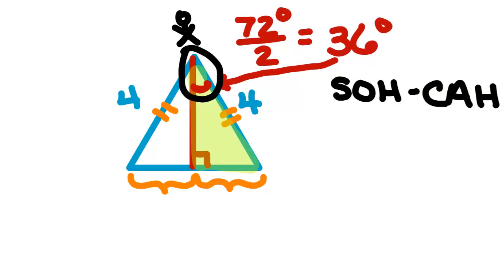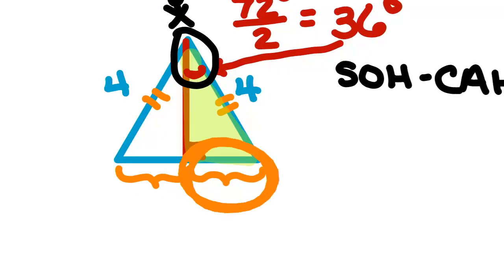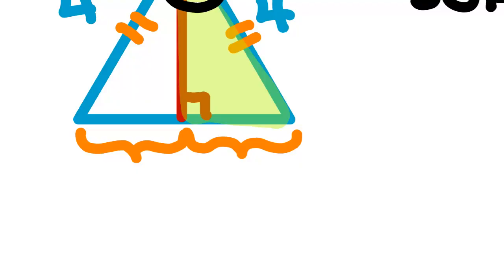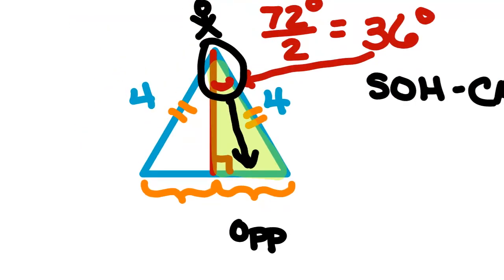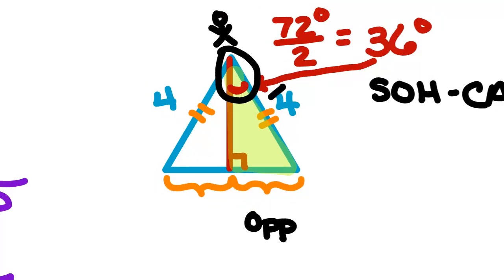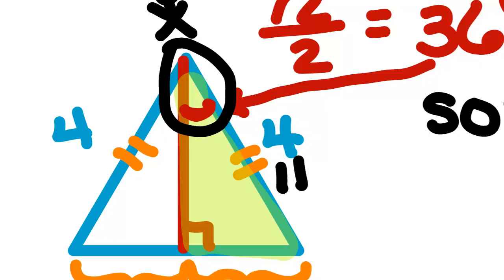The side that I'm looking for down here, would that be opposite, adjacent, or hypotenuse? Look at where I'm standing. This is the opposite side. Because from where I'm standing, I have to go through the center of the triangle to get over there. It's not touching the angle that I'm standing at. What is this for then? That's my hypotenuse. It's opposite the right angle.